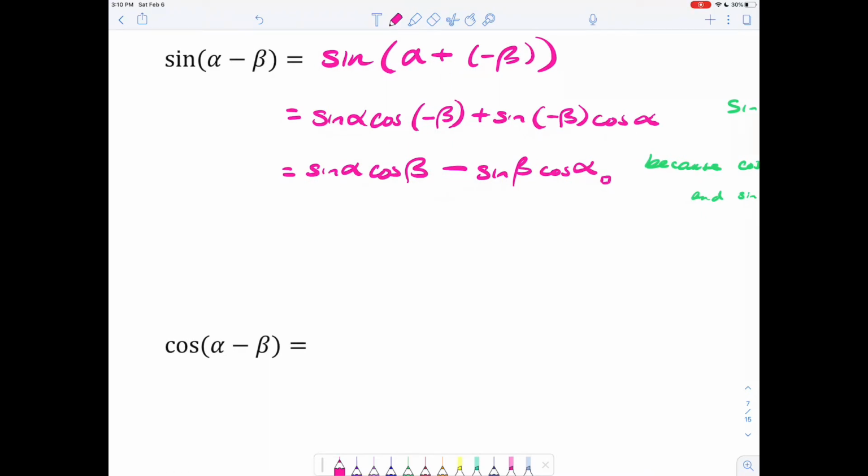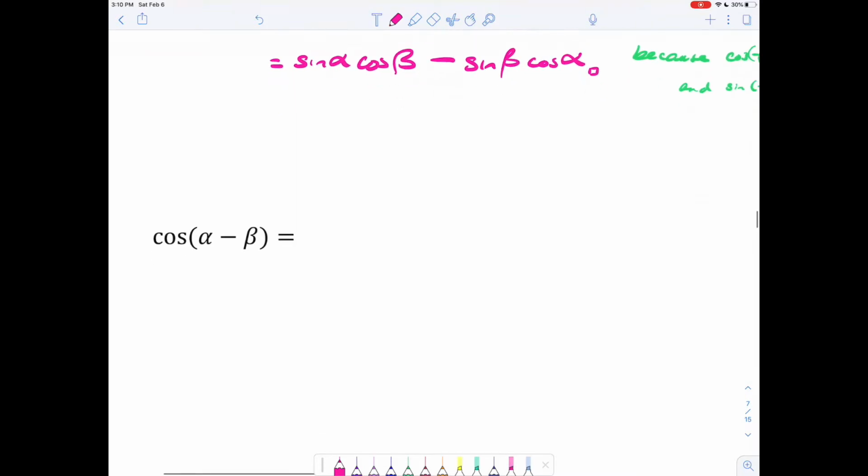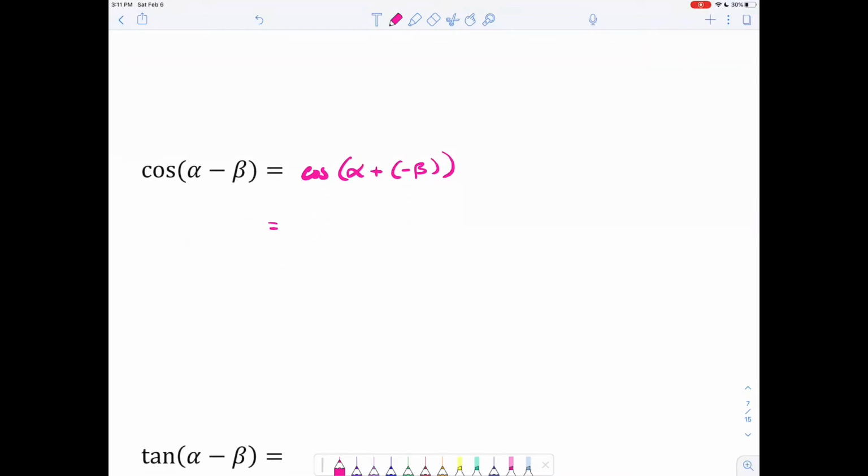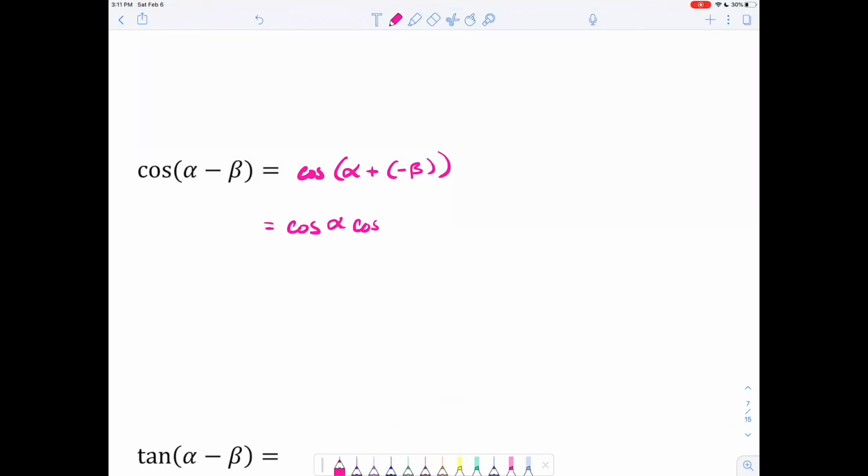I will now do so myself. Again, I will phrase this as addition. And phrasing it as addition, I can rewrite things. Normally this would be cos alpha cos beta. Now it's cos alpha cos negative beta.